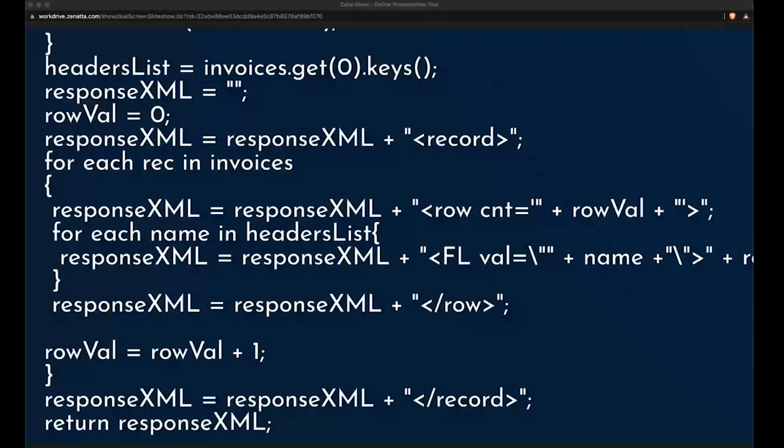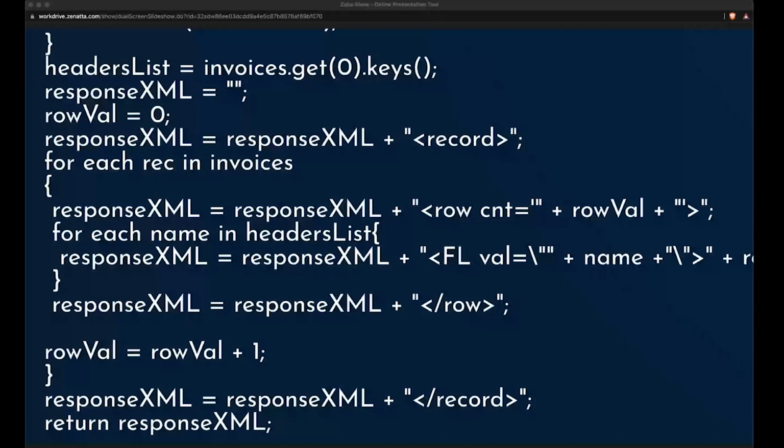So now we'll start our row value at 0, initiate our XML string, and again add that record tag. Then for every record in our list of invoices, we're going to add a new row where the count will be this row value number. Then another for each loop, so we have a nested one here.